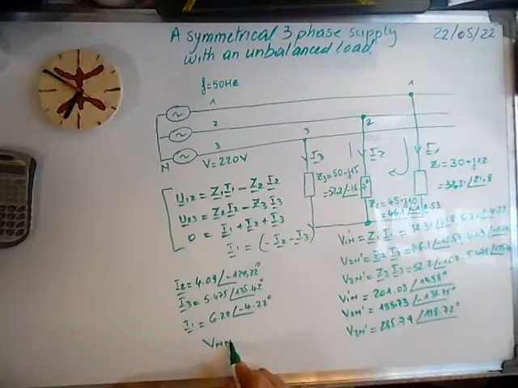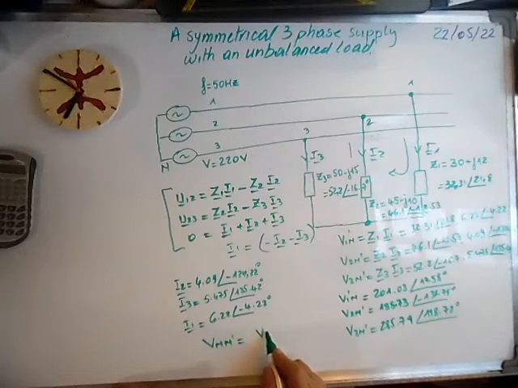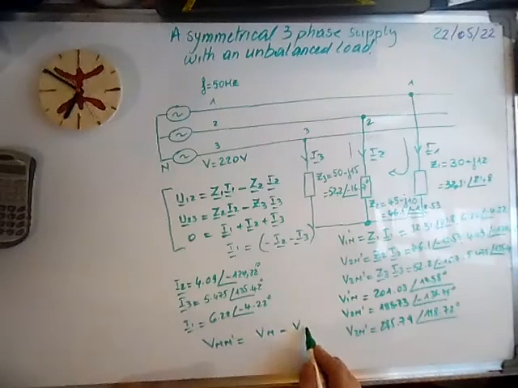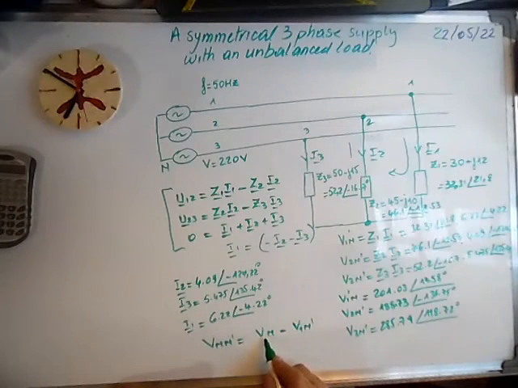Now we can calculate Vn', which is equal to Vn minus Vn'1.